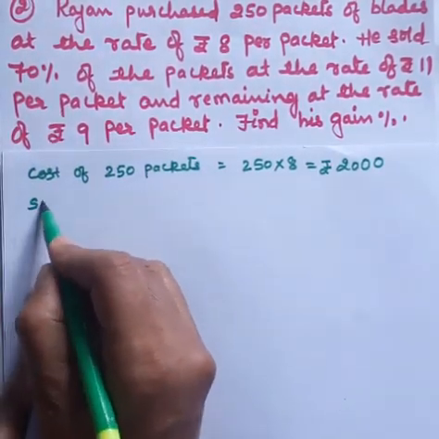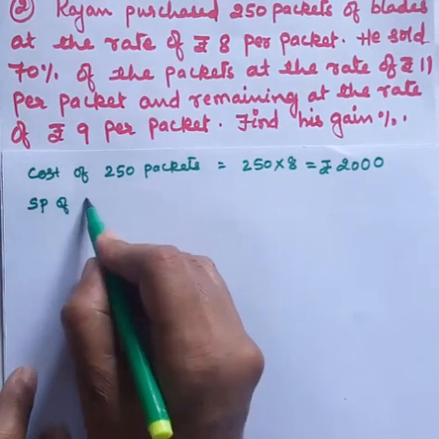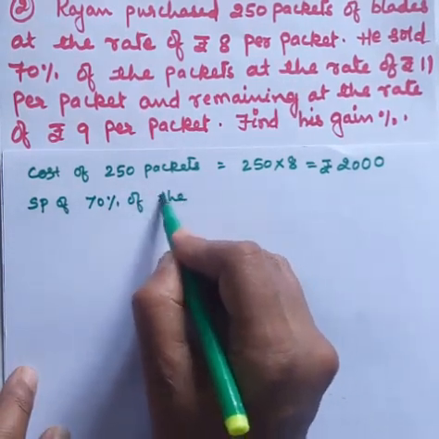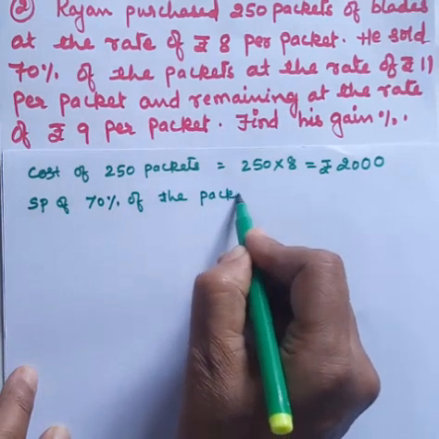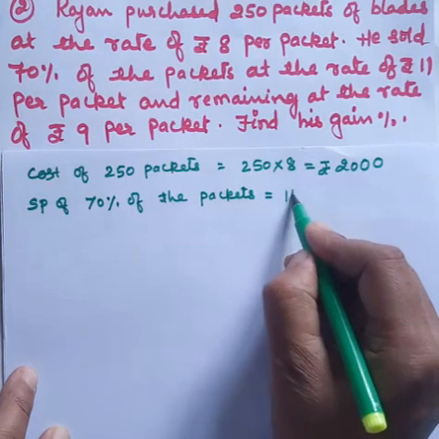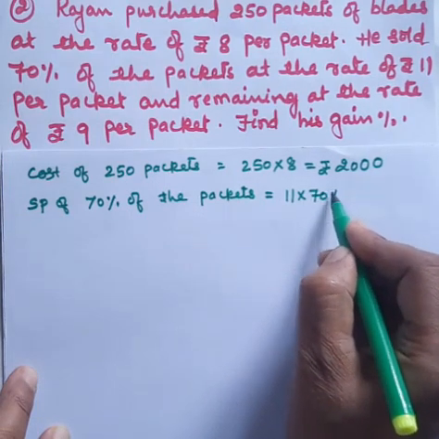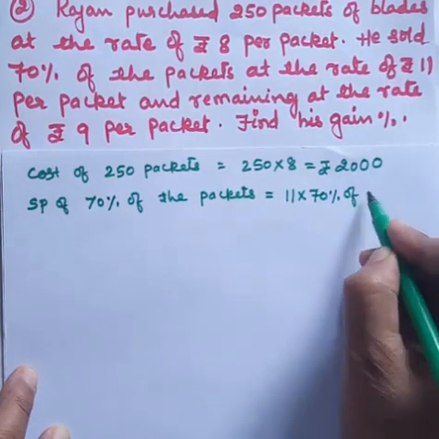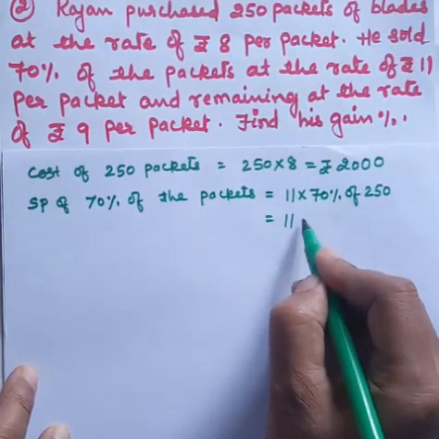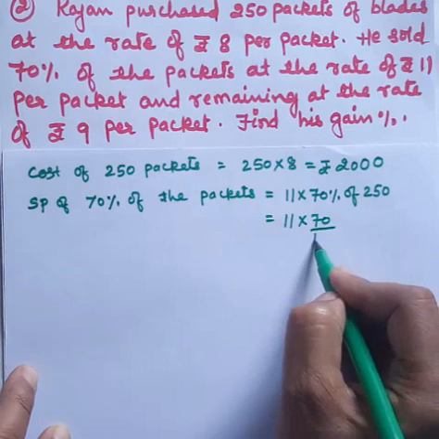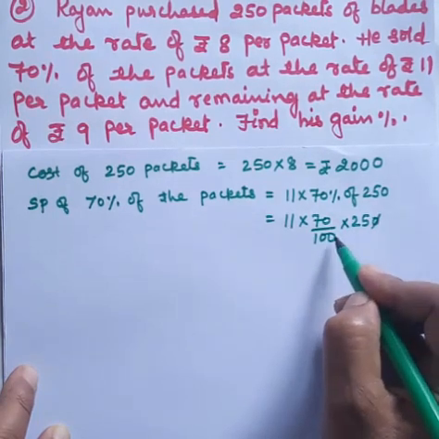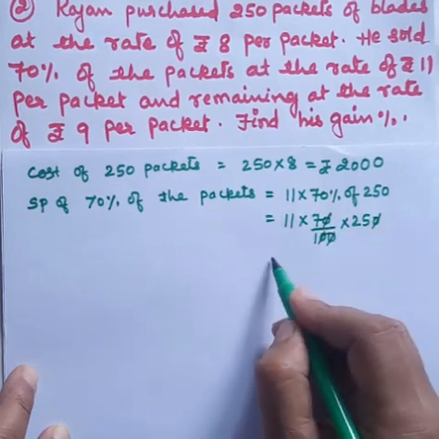That means SP of 70% of the packets will be equal to 11 multiplied by 70% of how many packets? 250 packets. Okay. So that will be 11 into 70 by 100 multiplied by 250. 0 0 0 0 cancel.